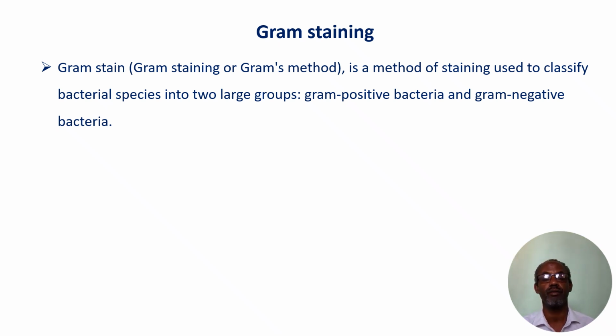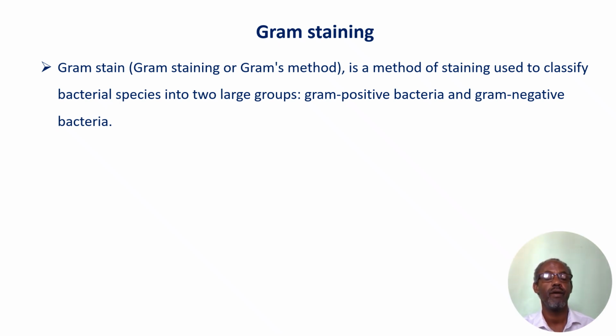These are very important in order to characterize bacteria. Gram staining is a well-known mechanism because it is a differential staining technique that can help us differentiate between gram-positive and gram-negative.